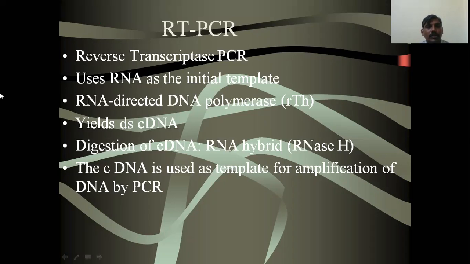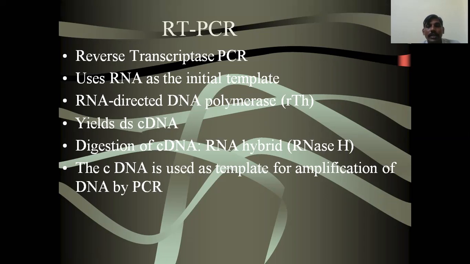So in this type of PCR, we use RNA as the initial template. Normally we take DNA, but here RNA is the template. From this RNA molecule, we synthesize a DNA molecule with the help of RNA-directed DNA polymerase, or RNA-dependent DNA polymerase enzyme. That is called reverse transcription. Reverse transcription means we synthesize DNA from the RNA molecule.